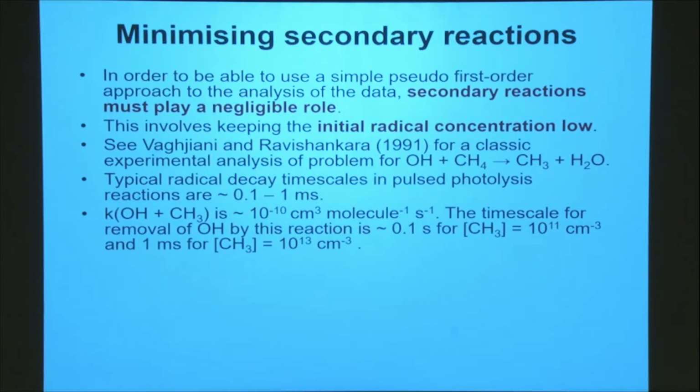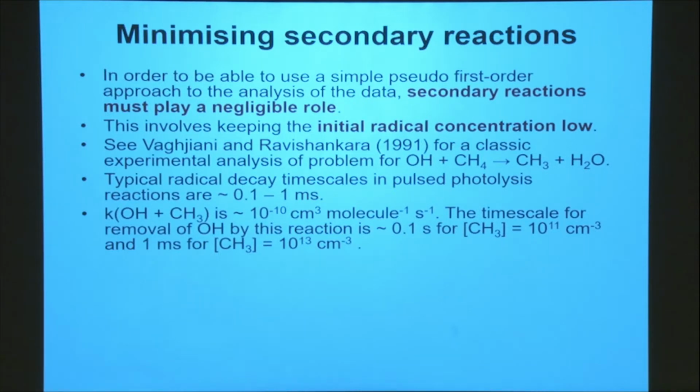That gives us a timescale for the removal of OH by that reaction, which depends on the concentration of the methyl radical. It's 0.1 second if we have 10 to the 11 molecules per centimeter cubed of methyl radical. But if we increase that to 10 to the 13, then it becomes a millisecond, which is similar to the order of the decay of OH.